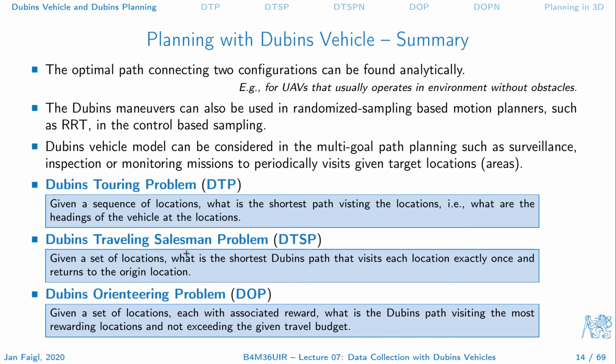If we don't have the sequence and we like to visit a set of locations in an optimal way, then it's the Dubin's traveling salesman problem. And if we have a limited travel budget and we cannot visit all the locations, and each location is associated with some reward, then we can formulate a Dubin's orienteering problem.